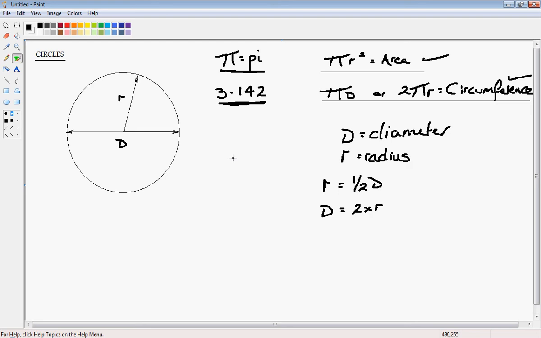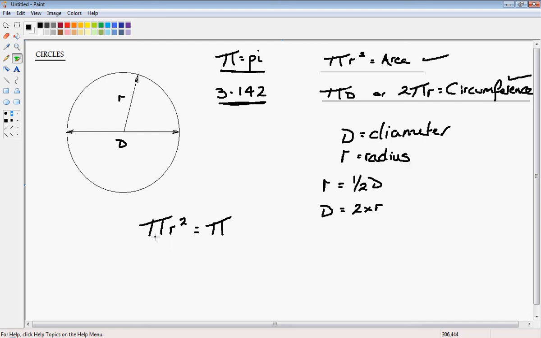So if we want to find the area of a circle, then this is pi r squared. Okay, so that's this number, pi.